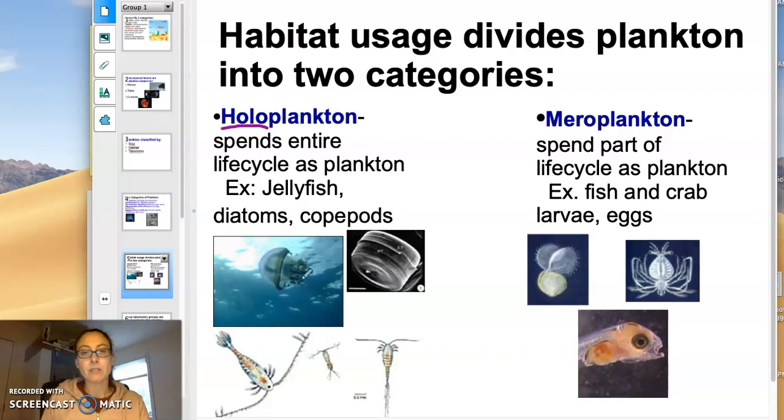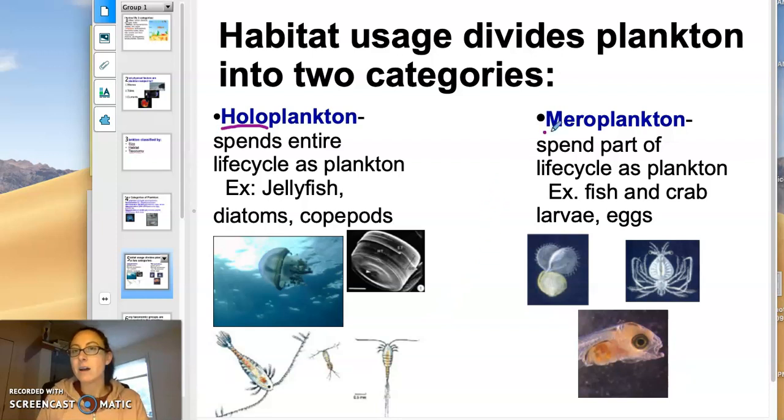So jellyfish, and this is a scanning electron micrograph, so really zoomed in of a diatom. And this is what copepods really look like as seen under the microscope. This is a sketch, but that's their actual appearance for those of you who think SpongeBob is accurate, which it's not.